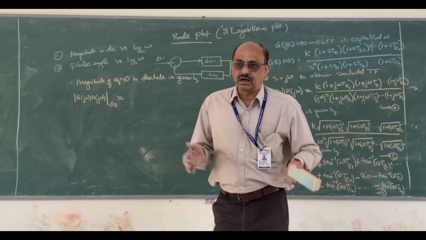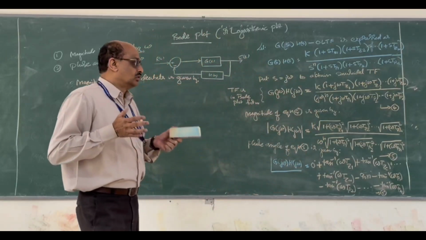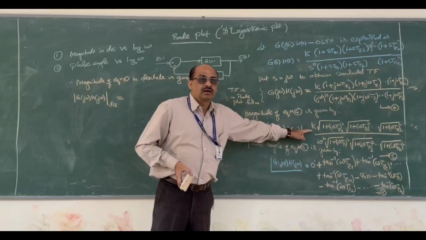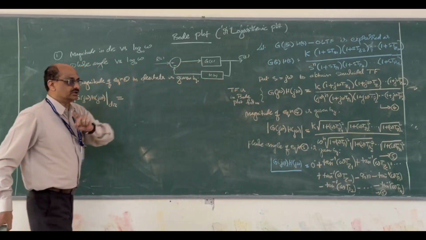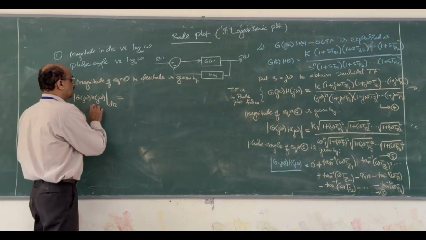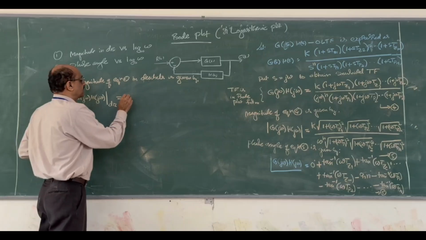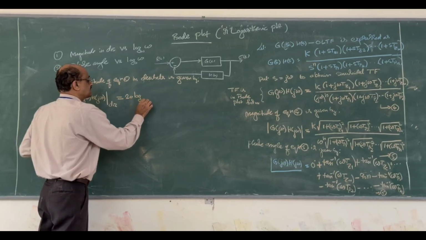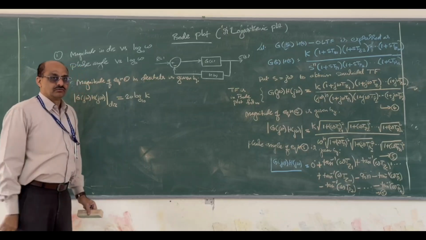So all the factors now become multiplication converted into addition. How do we get that? I write each factor straight away, instead taking 20 log base 10 of K. That's the first.